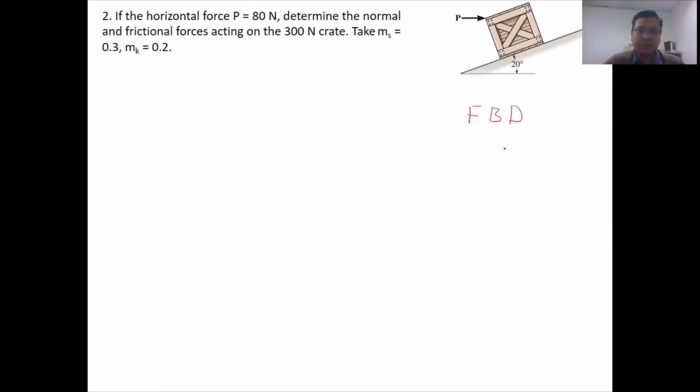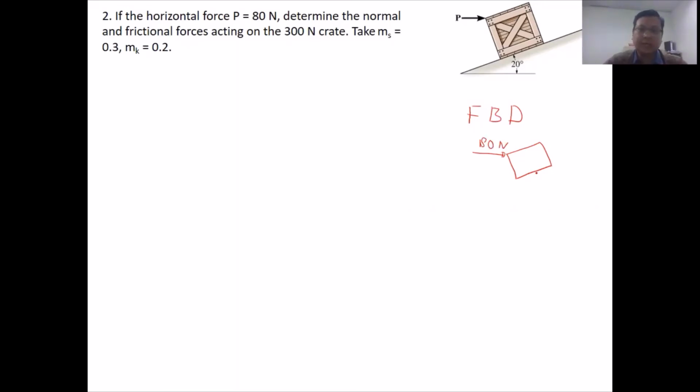Okay, we refer to the box to create the FBD. Here we have P in the X direction, 80 Newton.